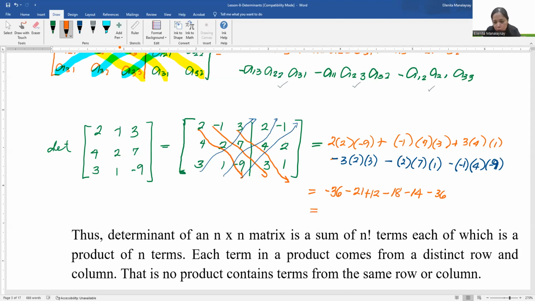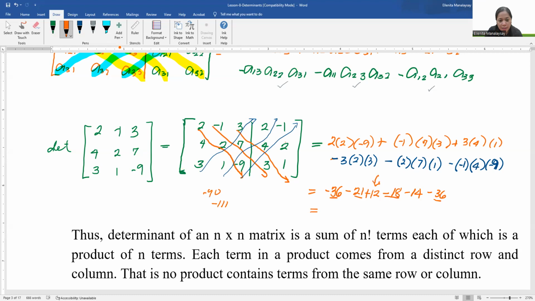So this is equal to, wait, it's all negative, no? Only this one is positive. So let's add -36, -36, -72. -72 and -18, that's -90. -90 and -21, -111.